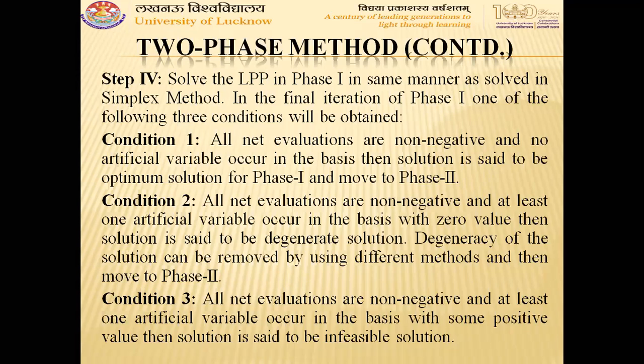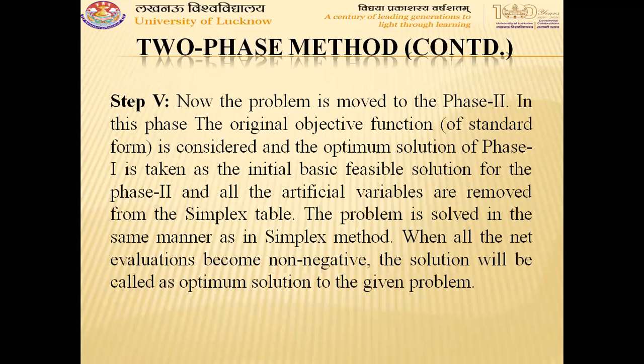It may be 2, it may be 200 or 2000, any value, then the solution is said to be infeasible. Now, when we obtain the optimum solution in phase 1, that means all net evaluations are non-negative and no artificial variable occurs in the optimum basis, then we move to phase 2.